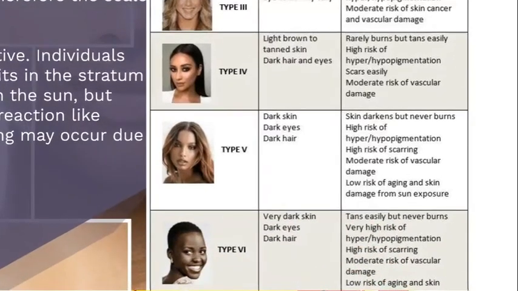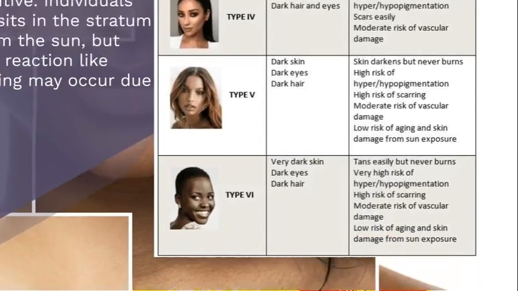Your type 5, dark skin, dark eyes, dark hair, skin darkens but never burns, high risk of hypopigmentation, high risk of scarring, moderate risk of vascular damage, and low risk of aging and skin damage from sun exposure.